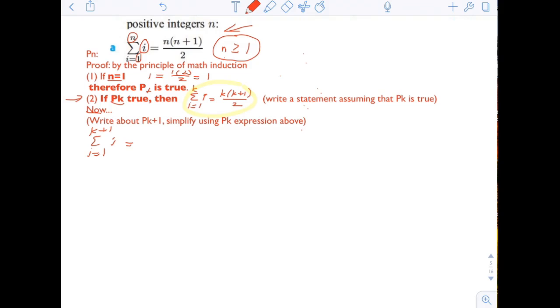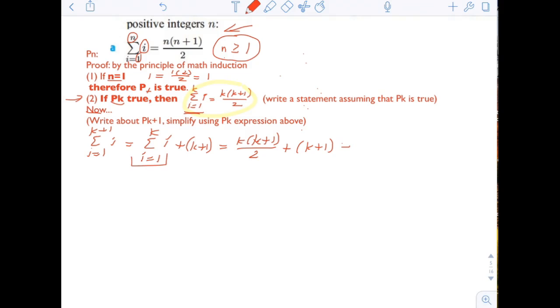So let's see, if I have the summation of i from 1 to k plus 1, I can make it look like this part of it by separating out the i equals 1 to k part and adding separately the k plus 1 term. And if I do that, then I know that this part is equal to k times k plus 1, because we assume that to be true, divided by 2. And then I add k plus 1.